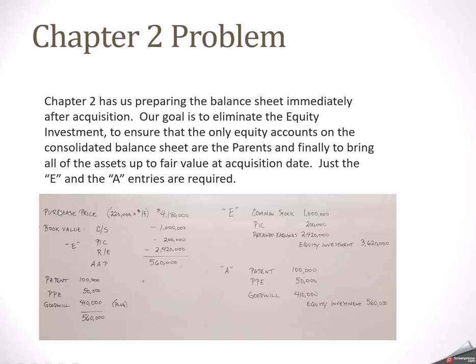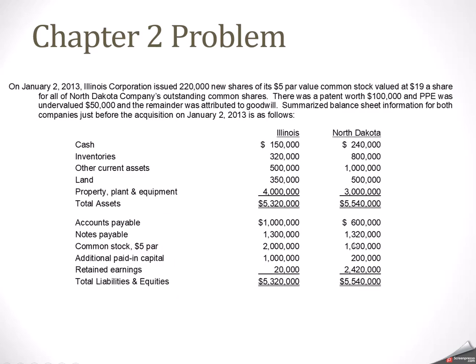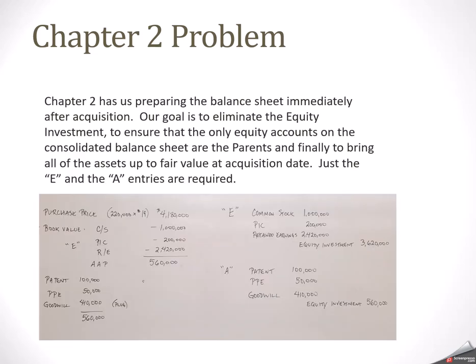Then if I go back real quick, the common stock of North Dakota is $1 million, the paid-in capital is $200,000, and then the retained earnings is $2,420,000. So then those are the values that I'm subtracting here. Those equal the book value. So that leaves an acquisition accounting premium of the difference, $560,000.